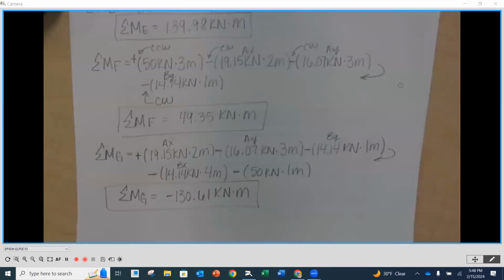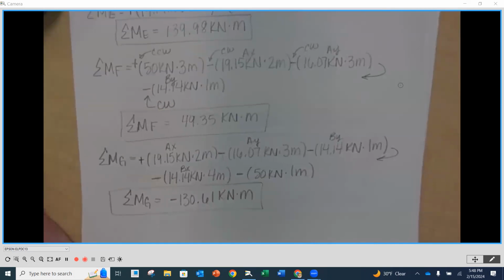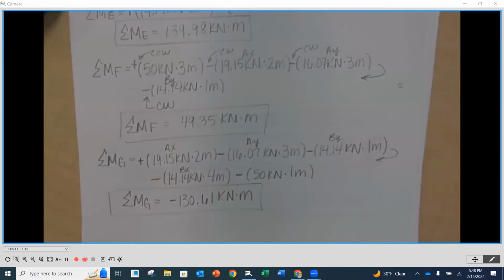Hopefully this practice is helping. At first it feels a little weird, but by getting this practice and being diligent about it, it starts to sink in and it gets easier. By the time we're done here in module 4, you'll be good with the moments.